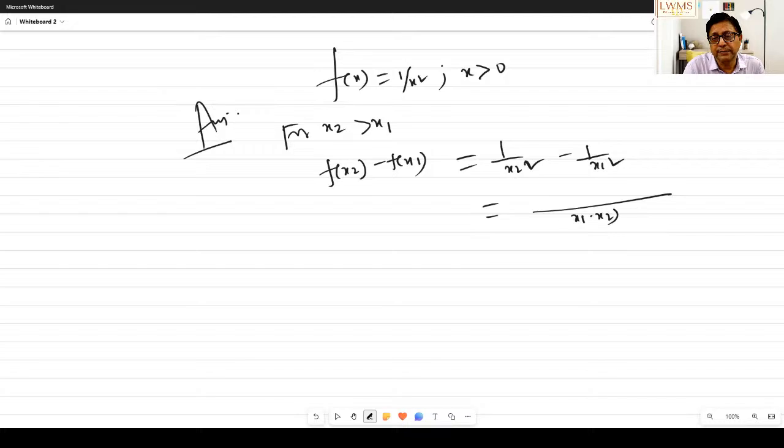Take the LCM. So this becomes (x1 minus x2)(x1 plus x2) over x1 square x2 square.